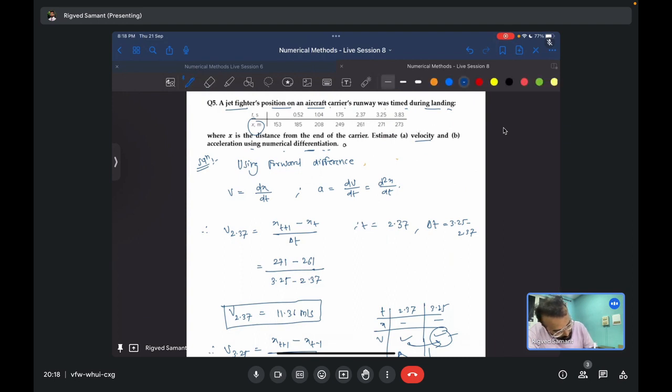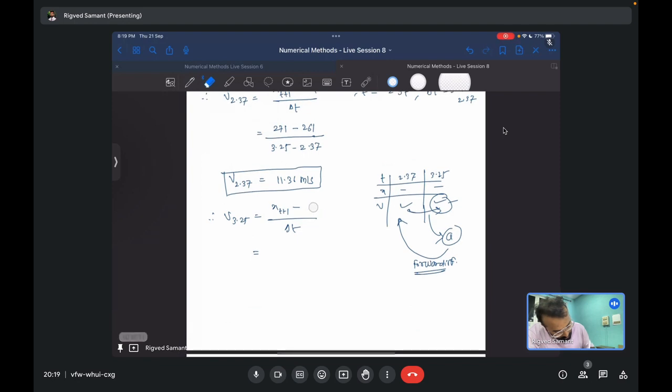For 3.25, this is t plus 1 and this is t, and we are using only forward difference.